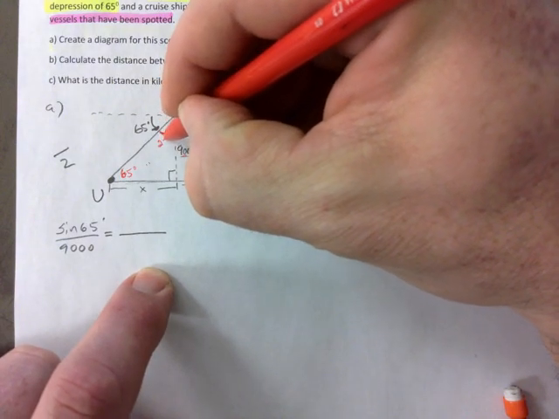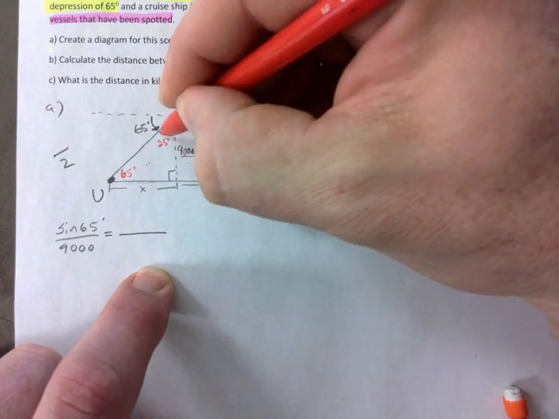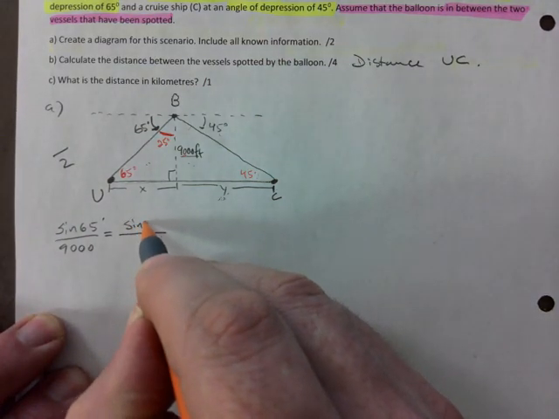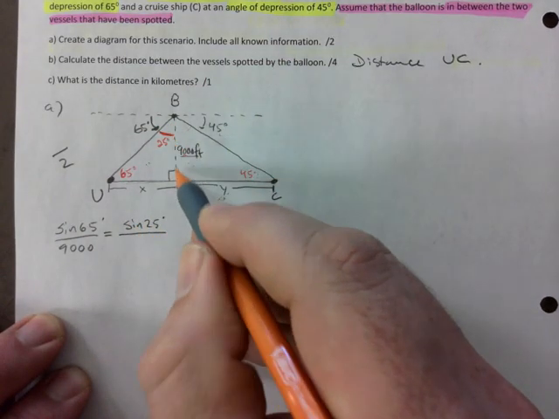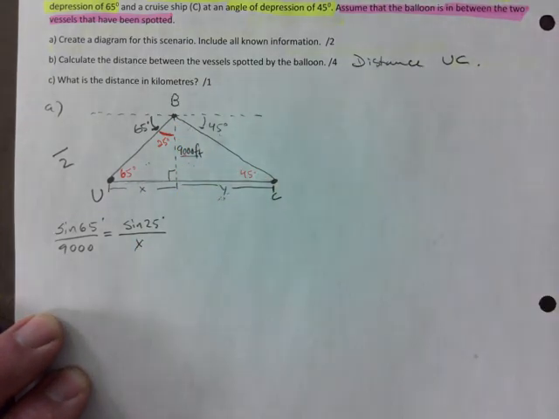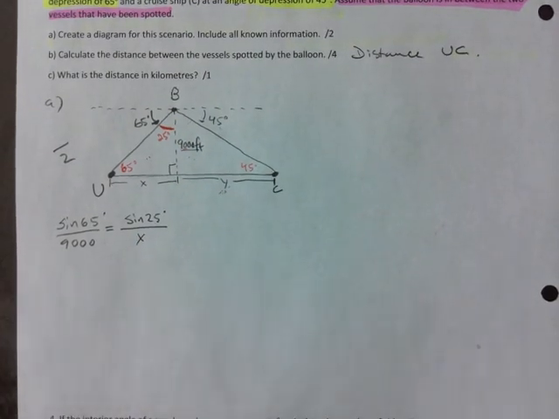So this is 25, just this part right here. So I have to use sine of 25, because I'm bound to the right triangle here, over x. Don't erase if you did it. It is possible to do this differently, but maybe not right off the bat. Once you solve more, you can do it differently.